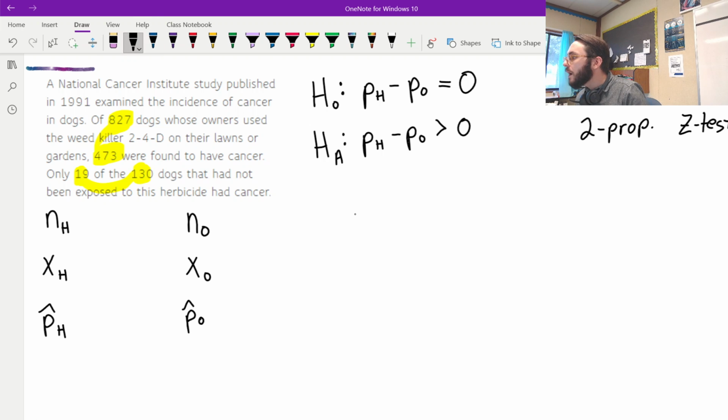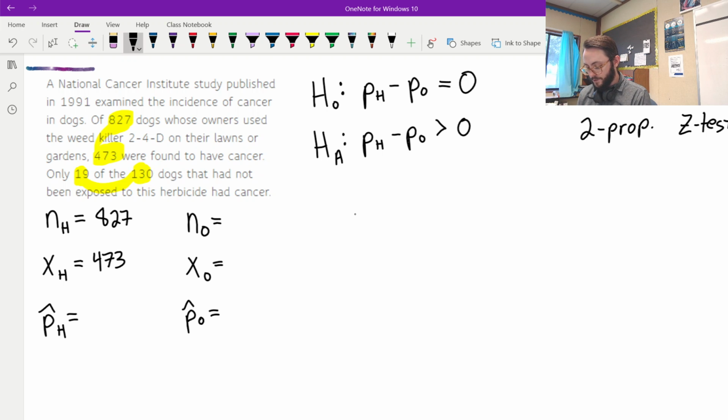So here, let's go ahead and get all of our statistics down. N sub H, the ones who were exposed to the herbicide, there were 827 of them. 473 of them developed cancer.